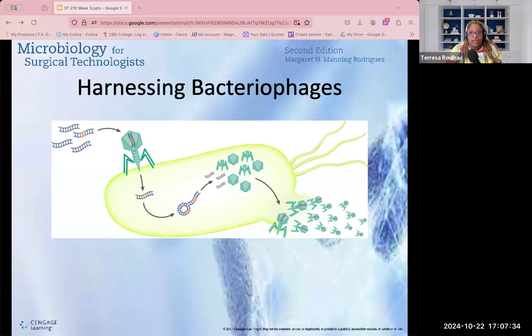This is growing exponentially in medicine. Scientists are developing and experimenting with different enzymes that phages produce to cause lysis of their hosts. So what they're doing is they're studying special enzymes from viruses that infect bacteria. Now, these enzymes help break things down and kill the bacteria that they infect.